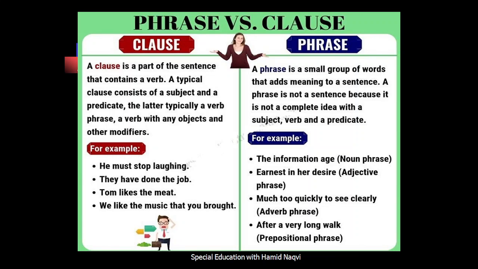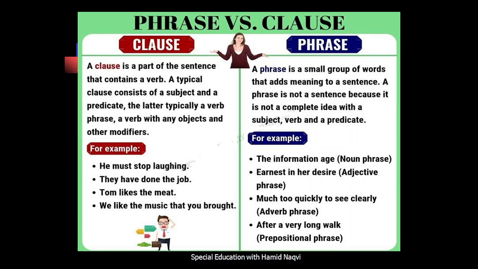And the examples are given here. The information age. This is a noun phrase. We'll discuss it as we proceed further. There are three types of these phrases: a noun phrase, adjective phrase, and adverb phrase. In the coming slides, you will have practice of these different types of phrases.